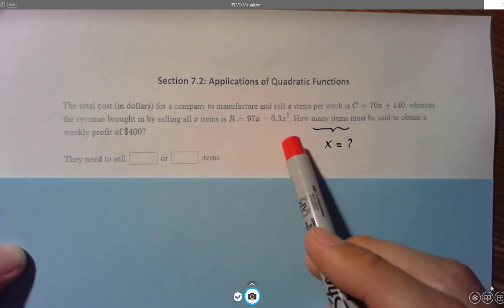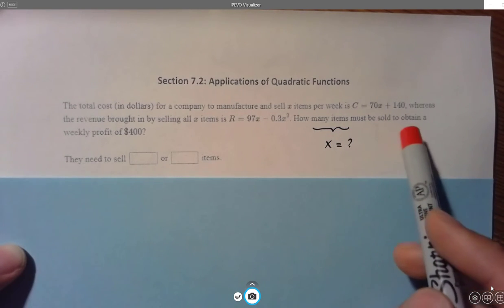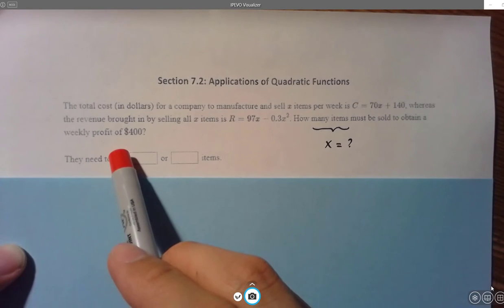Now, the question is asking how many items must be sold to obtain a weekly profit of $400.